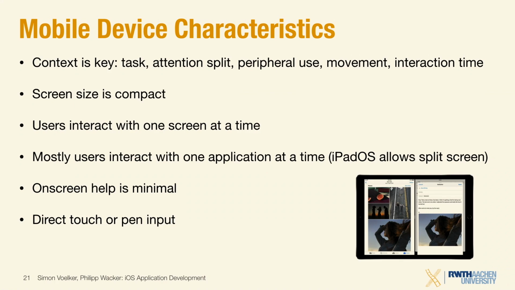And this is due to direct touch or pen input. And we see more and more pen input coming into play with iPadOS, but at the end, pen is the same thing as a touch screen. It's basically a positional cursor with additional information because you have rotation and you can have some pressure information. But at the end, it's just one contact point.